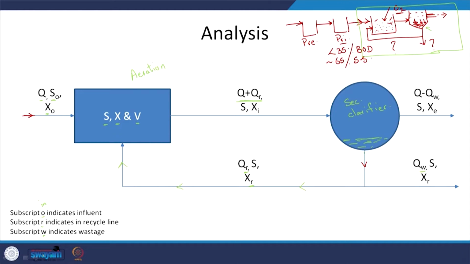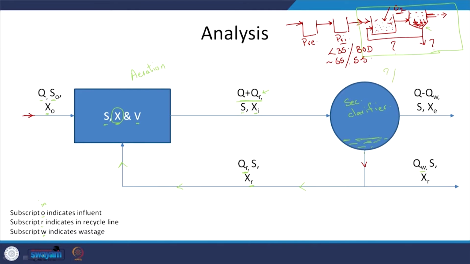Why is that? Because you need a high concentration of microbes, that is why. So, the rate of recycle flow is QR, that is why we have a flow of Q plus QR here, and concentration S and concentration X of the microbes out here. They go to the secondary clarifier. Here again, there are little to no reactions occurring. Why is that?